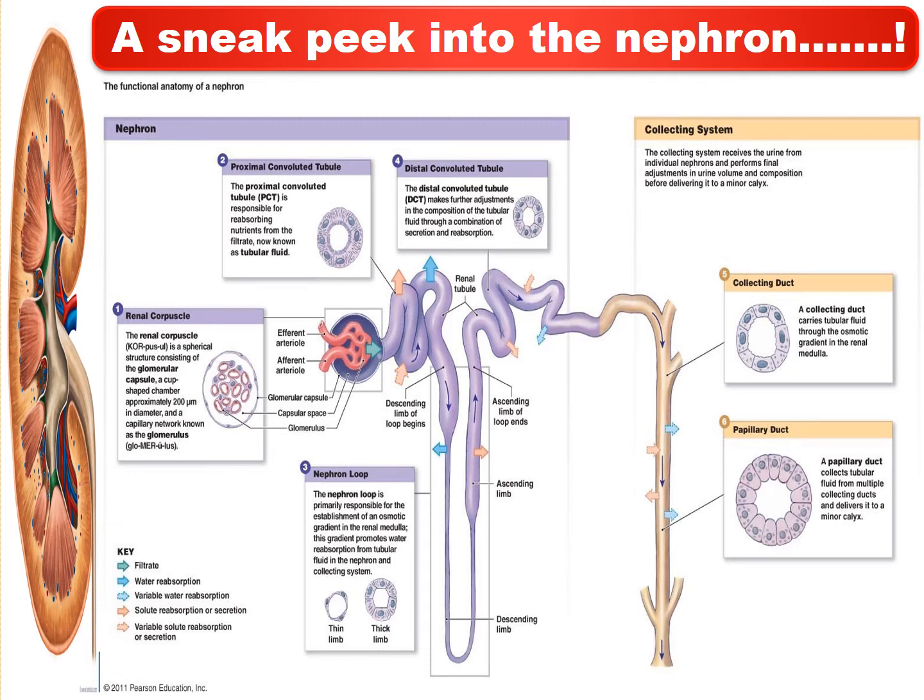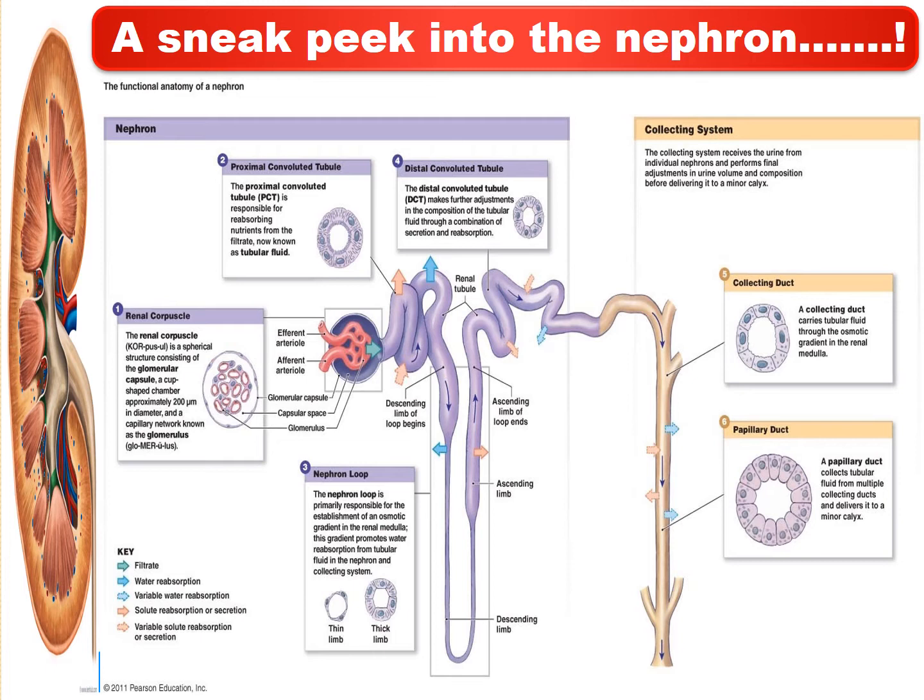Then the third one is the nephron loop. The nephron loop is primarily responsible for the establishment of an osmotic gradient in the renal medulla. This gradient promotes water reabsorption from tubular fluid in the nephron and collecting system. It is of two types, the thin limb and the thick limb.